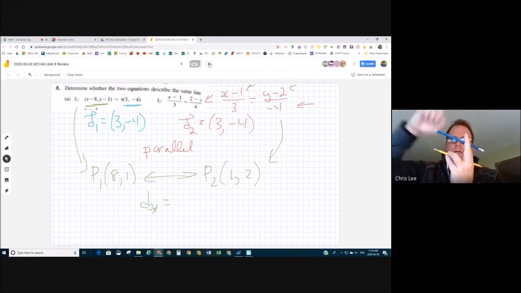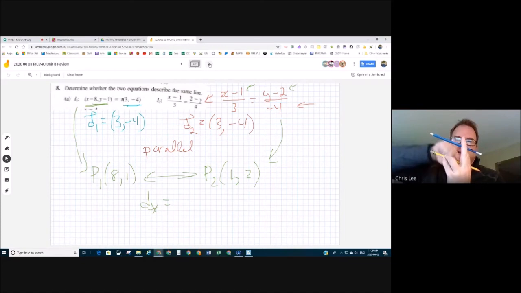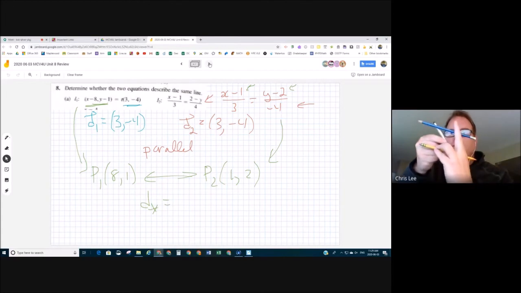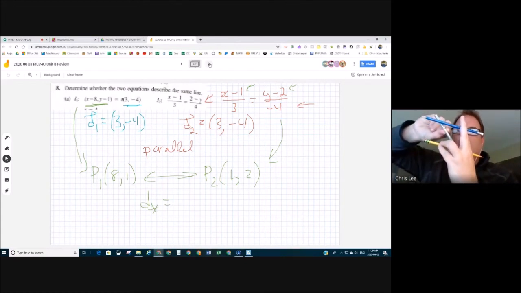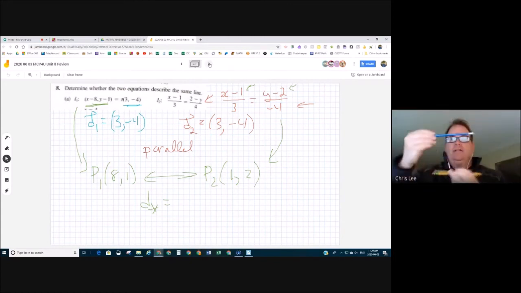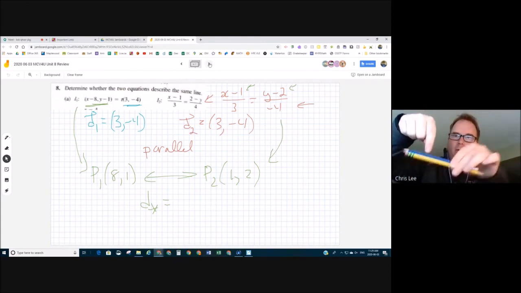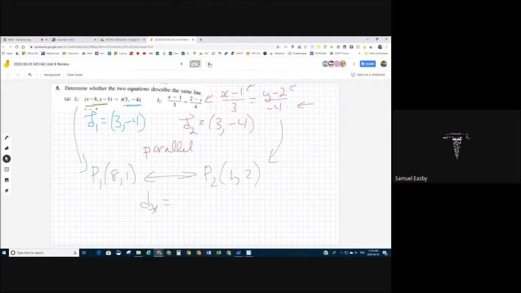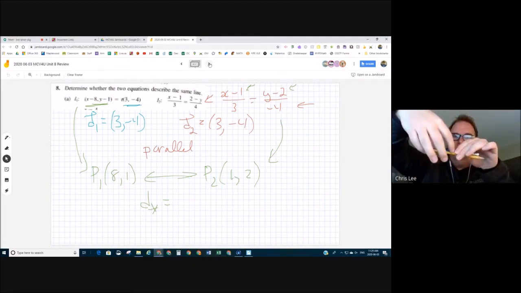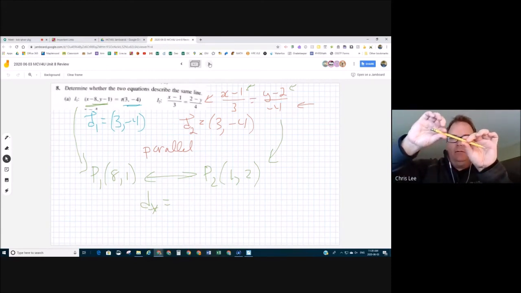If they are separate, like I'm holding up here, this direction vector will not be a scalar multiple of these guys, which suggests that they're different. If they were the same line, and I took a point from the blue one and a point from the yellow one and found the direction vector of those two, it would be a scalar multiple. Does that make sense?